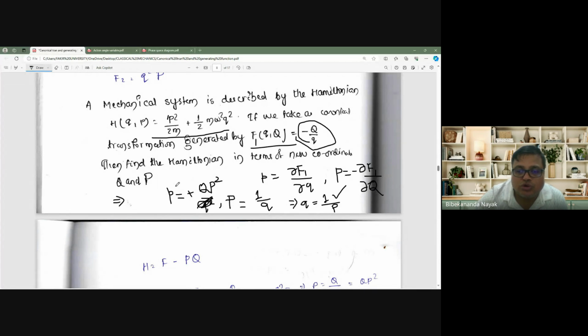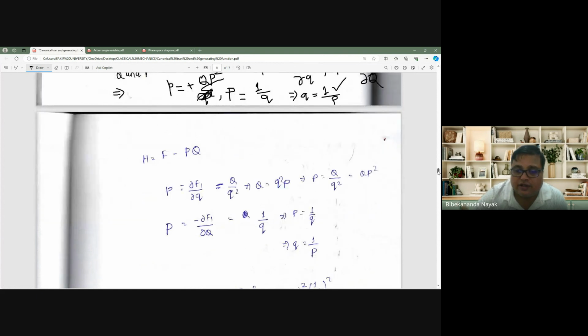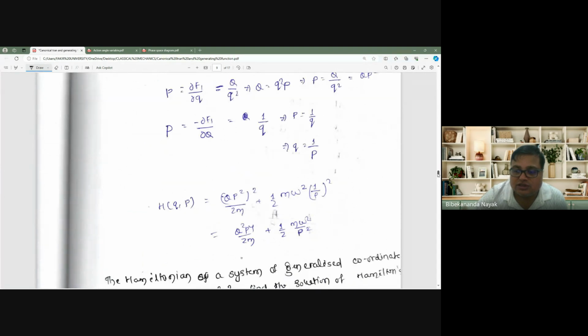Put these in and we get this type of Hamiltonian. Clear?